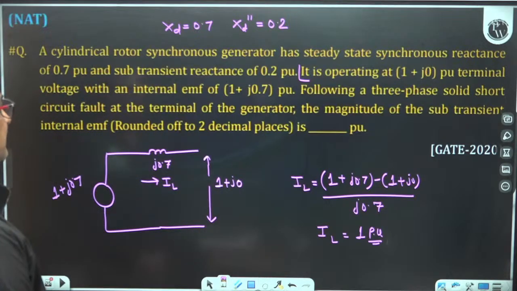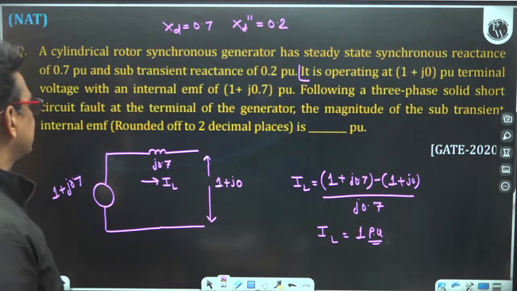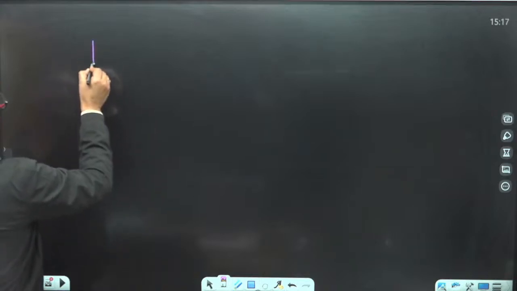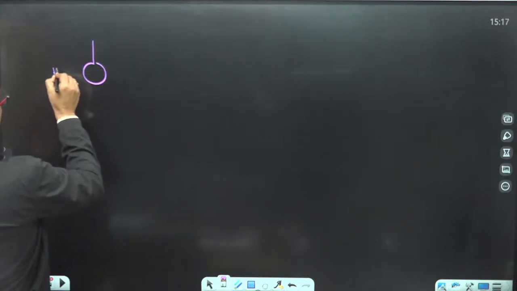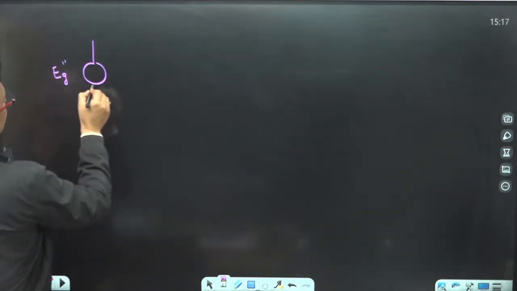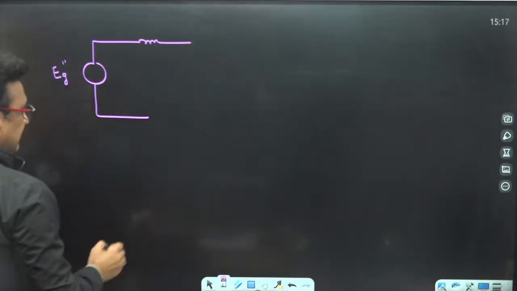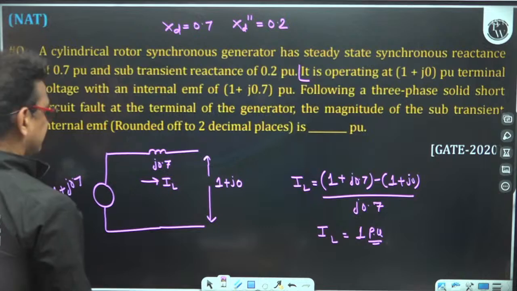Now, following a three-phase solid short circuit fault at the terminal of the generator, what would be the magnitude of the sub-transient internal EMF? At the time of fault, EG becomes EG double dot, and Xd becomes Xd double dot, which is 0.2.